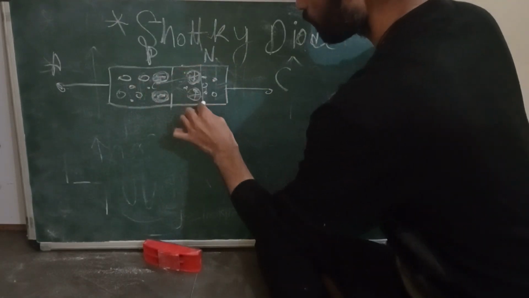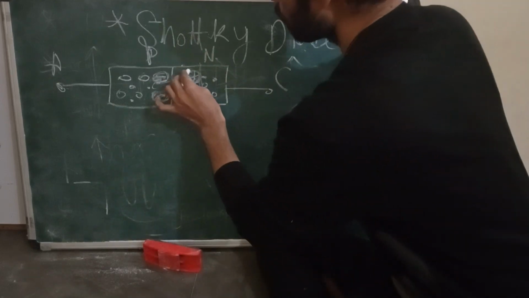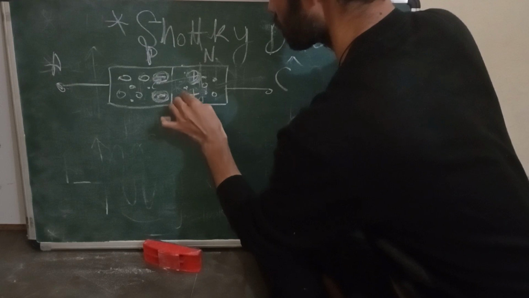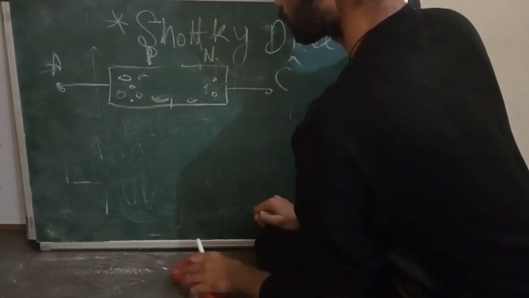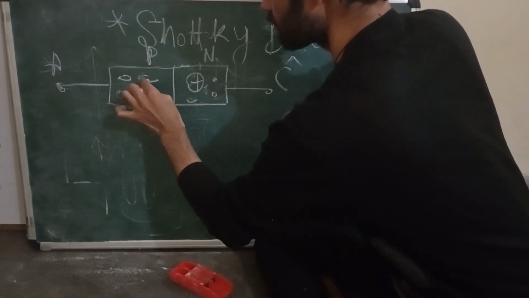So these are positive and negative ions. For understanding purposes, there is a positive ion and a negative ion.